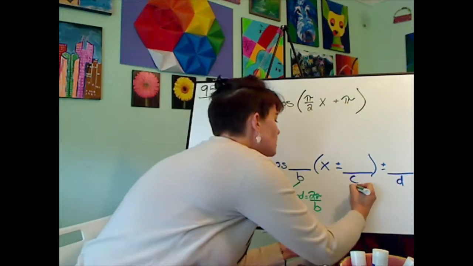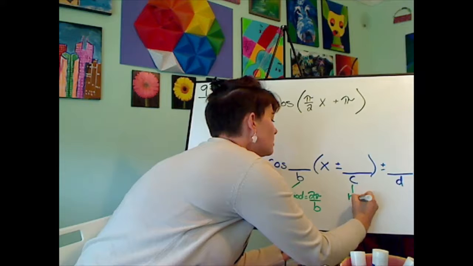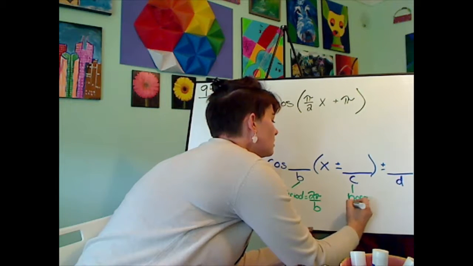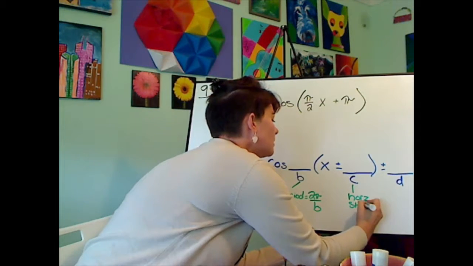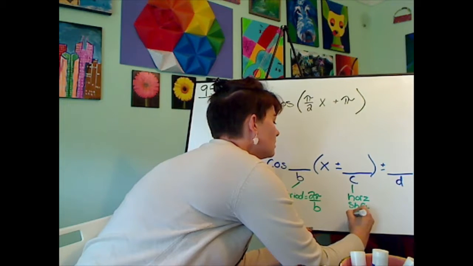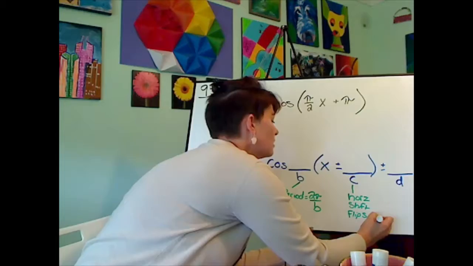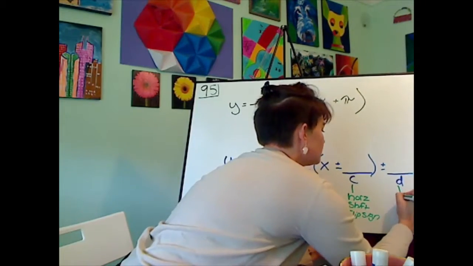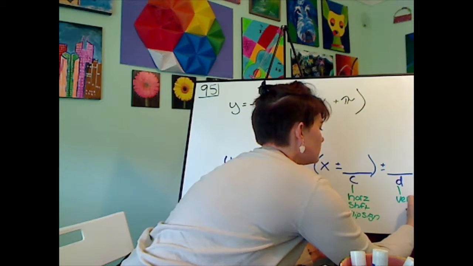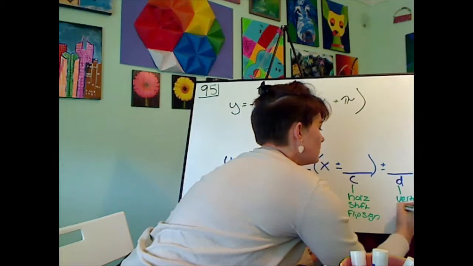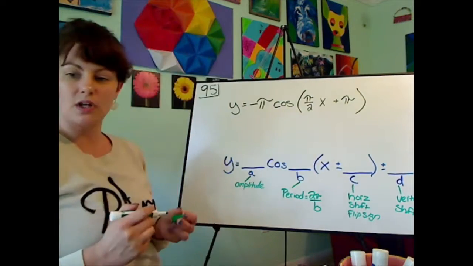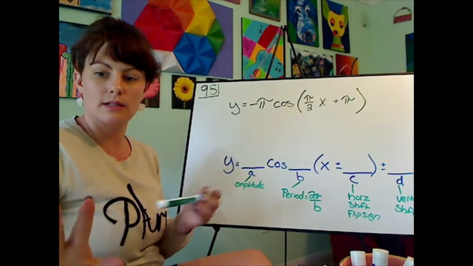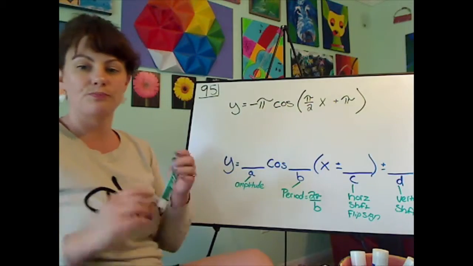C is your horizontal shift, but you have to flip the sign. And then D is your vertical shift.